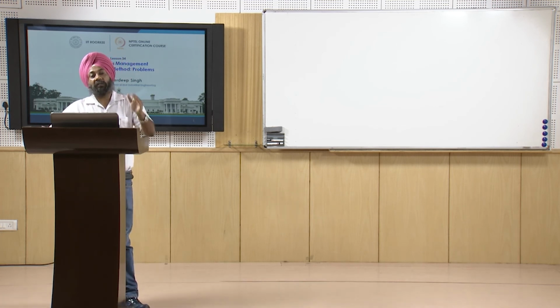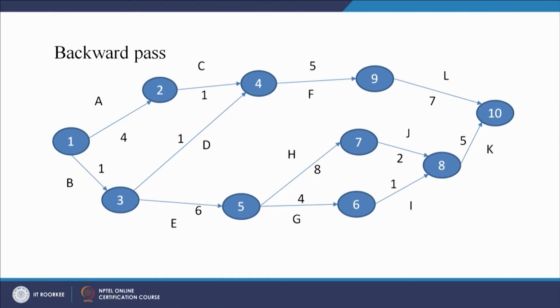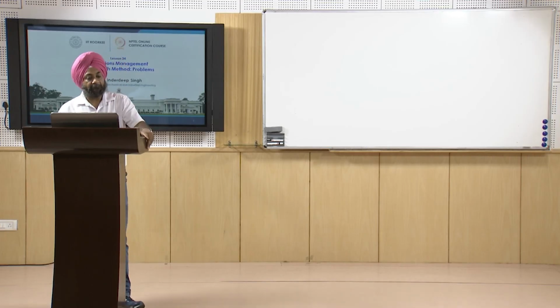We have to calculate the early start and early finish for each activity. So here we can make a table like this. Maybe this is a backward pass first, and then we will make a final table where we have calculated the early start, early finish, late start, late finish for each and every activity.